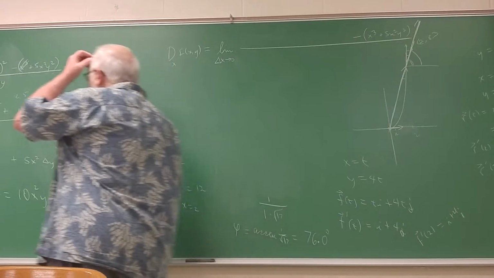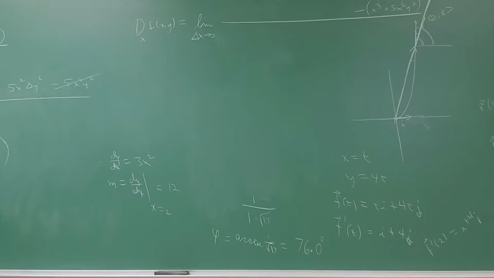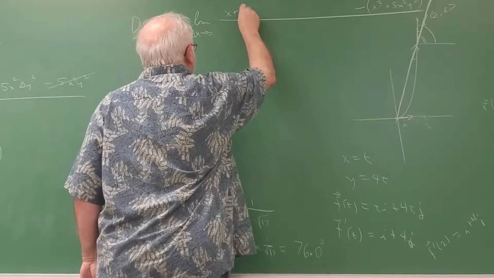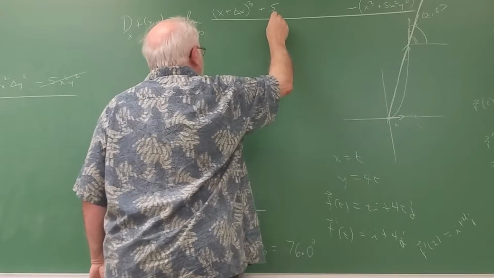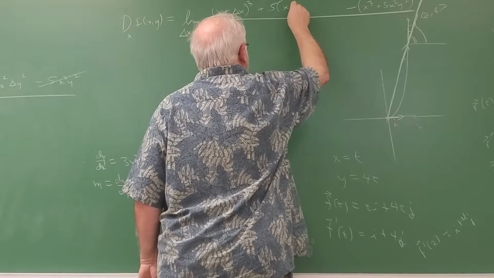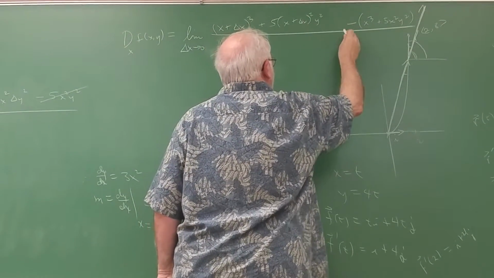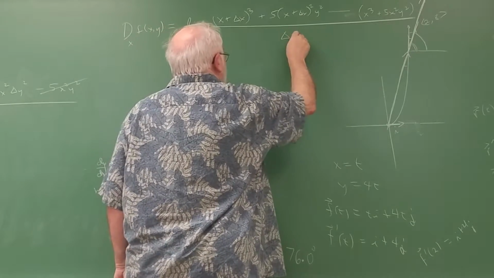And now, for the x cubed, let's see, x plus delta x cubed and 5 times x plus delta x squared times y squared, minus delta x.